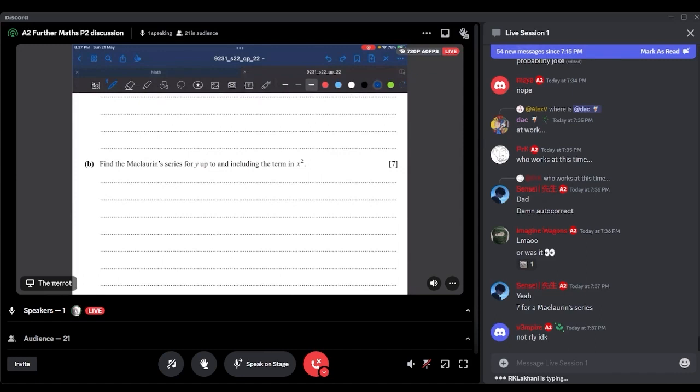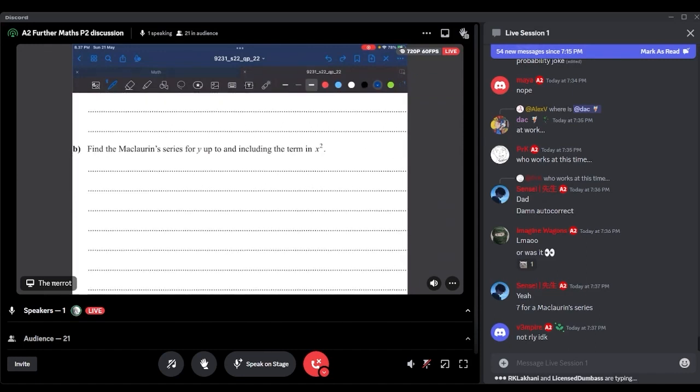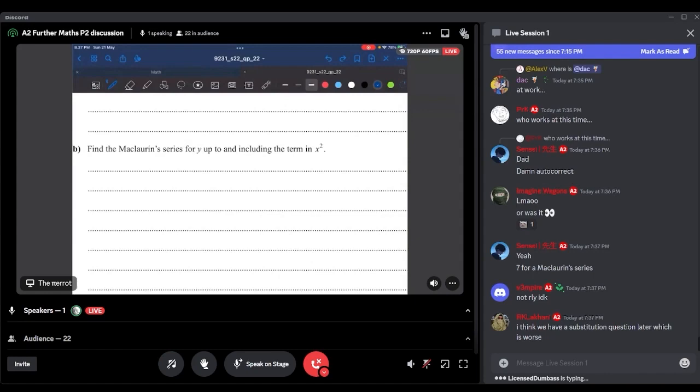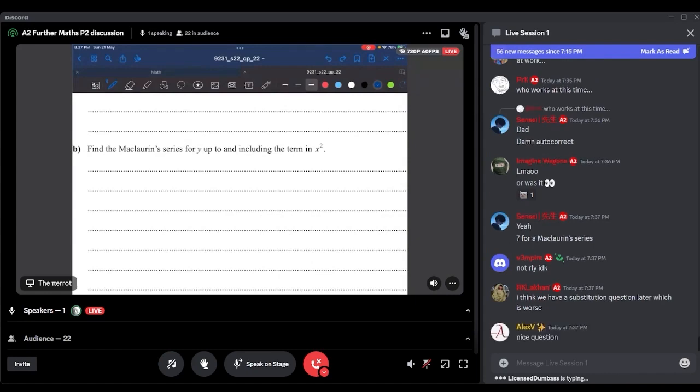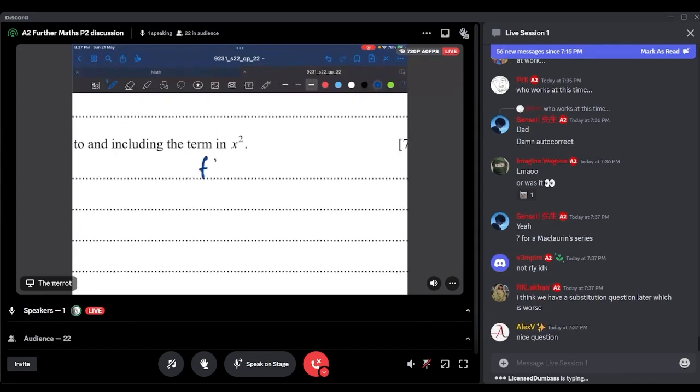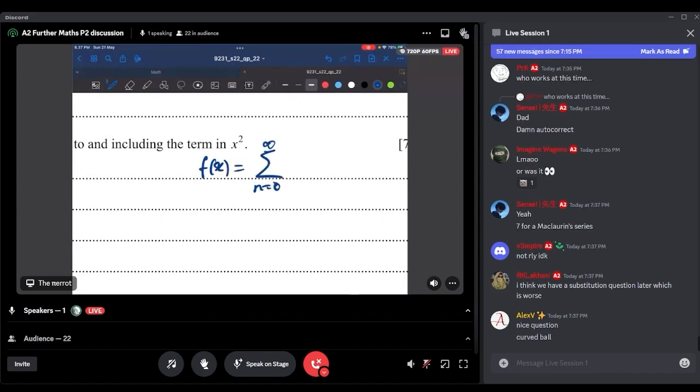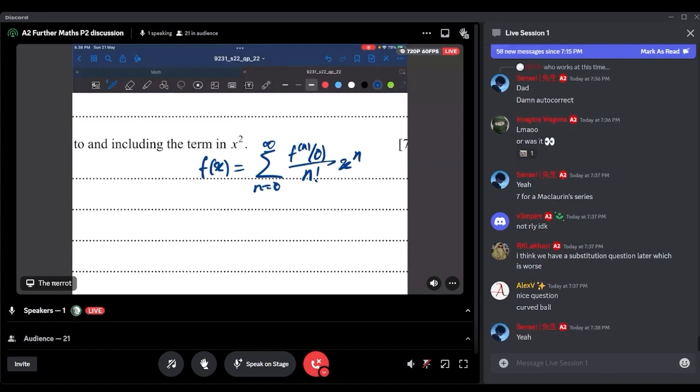Yeah. So just to recall, Maclaurin series is basically Taylor series evaluated at 0, right? Like this, right? But this time we're dealing with y. So don't use f(x), use y. This is y. This is the nth derivative d^n y/dx^n evaluated at x equal to 0.